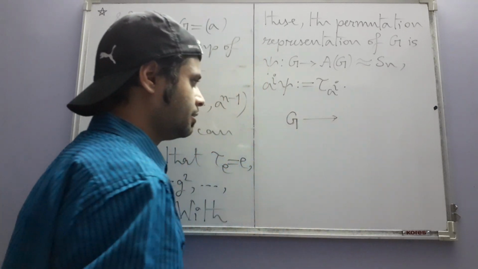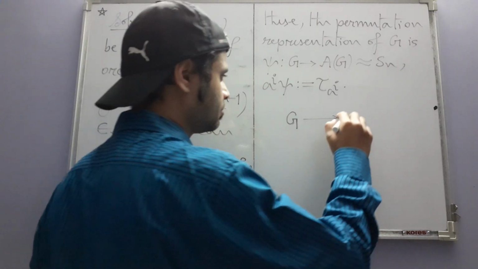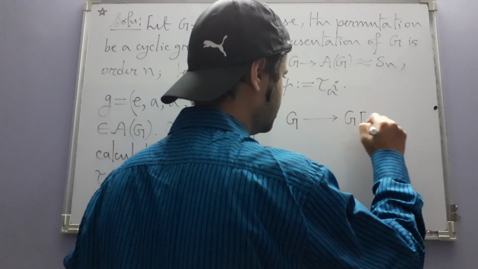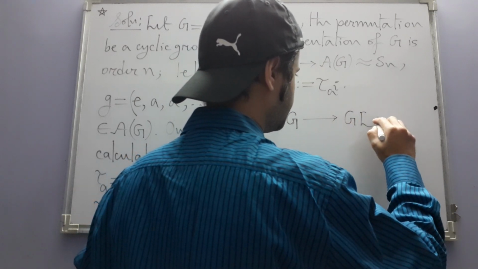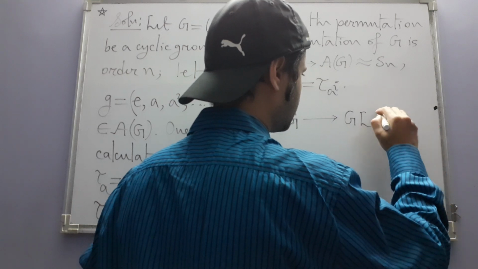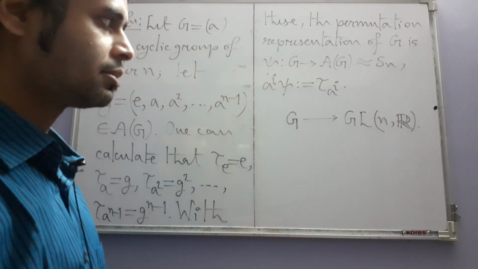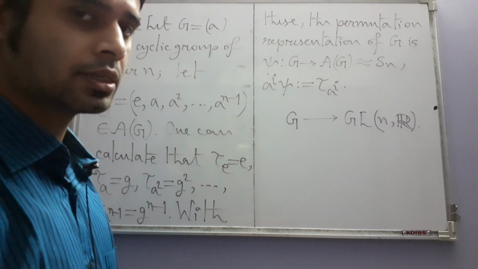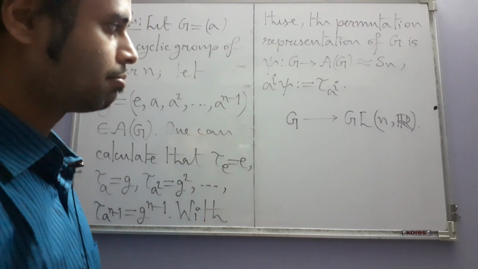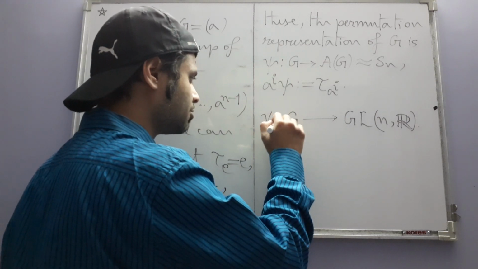On the other side you have a group of matrices, say a general linear group of n by n non-singular matrices with real entries under matrix multiplication, and the representation is a homomorphism.